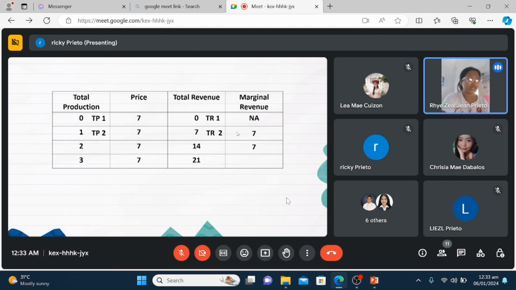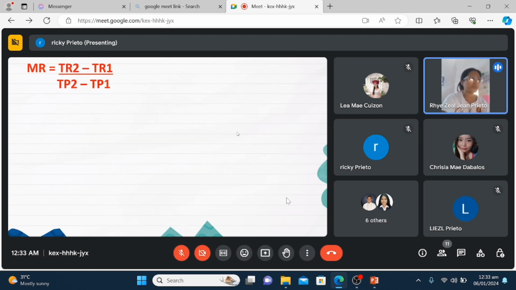So still 7 is its marginal revenue. So here is the solution. It is the same solution, class.